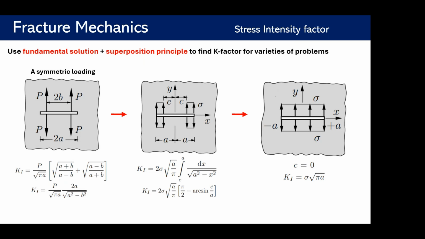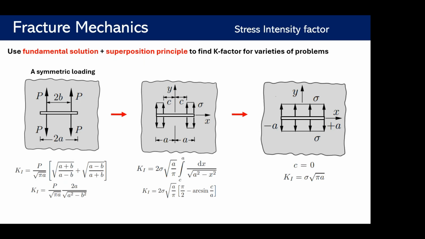And finally, as a very important special case of this formula, when C is equal to 0, you have a fracture with half length of A and uniform distributed loading of sigma applied to the fracture surface. For this case, the stress intensity factor K is sigma times the square root of pi a. It's a very important formula.